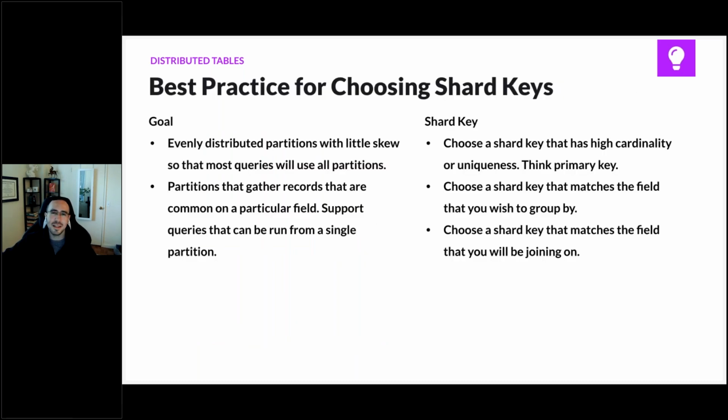Taking this all together, let's review some of the best practices when working with shard keys. First, there are some goals to consider. You're looking to build even distribution with as little skew or no skew as possible.